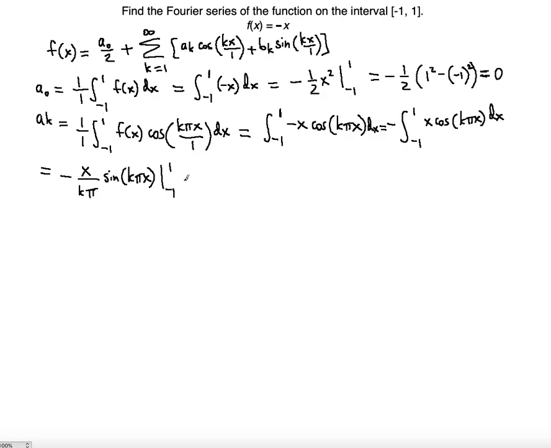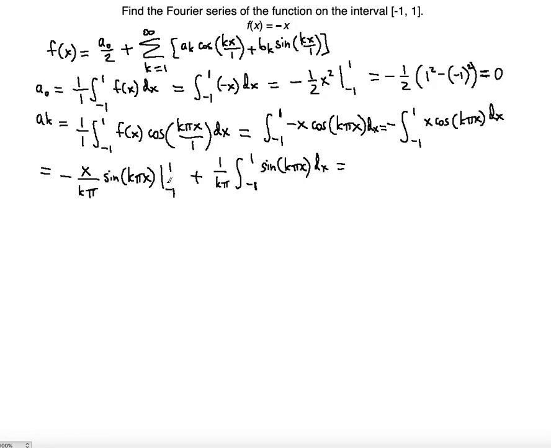That's the antiderivative, and then the definite integral, plus 1 over k pi integral from -1 to 1 of sine of k pi x dx.